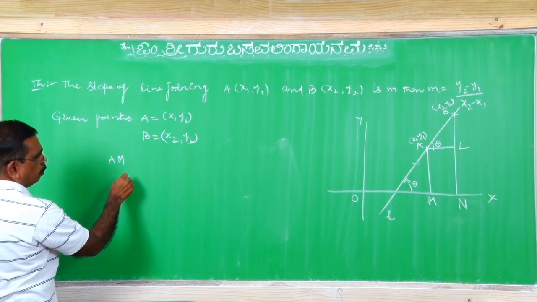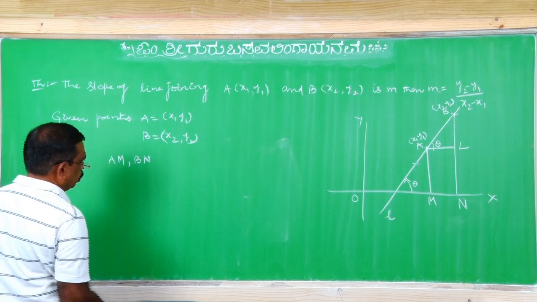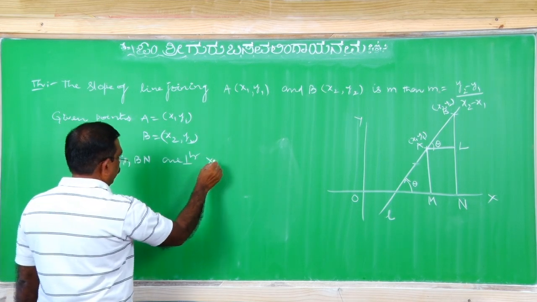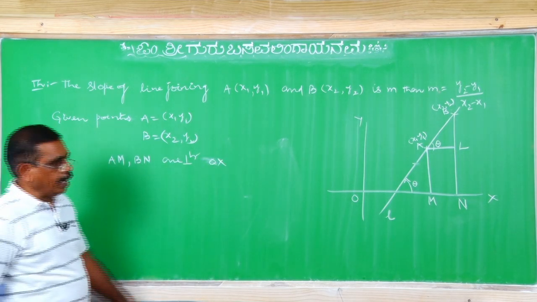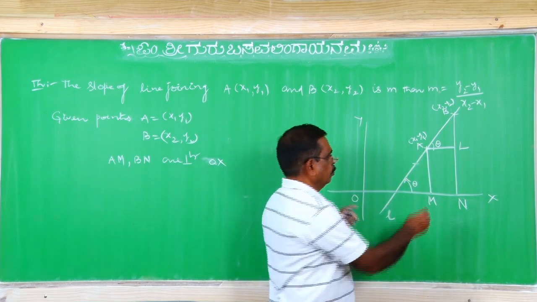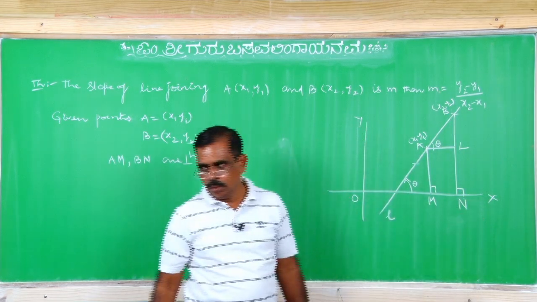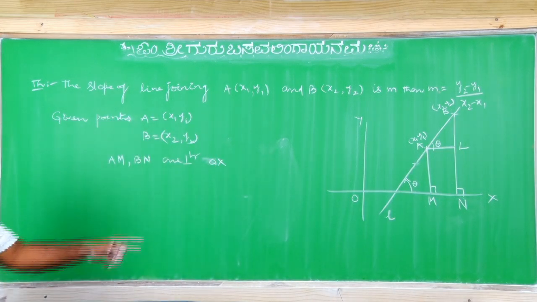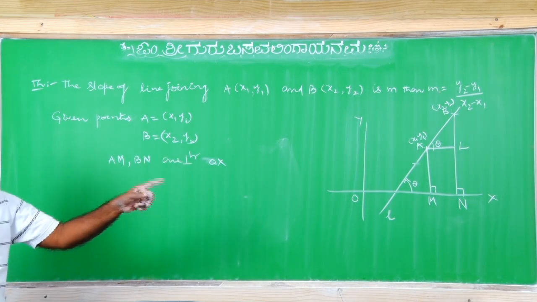AM, BN are perpendicular to OX. Correct or not? Draw perpendiculars from A to the x-axis, B to the x-axis, which are AM, BN.